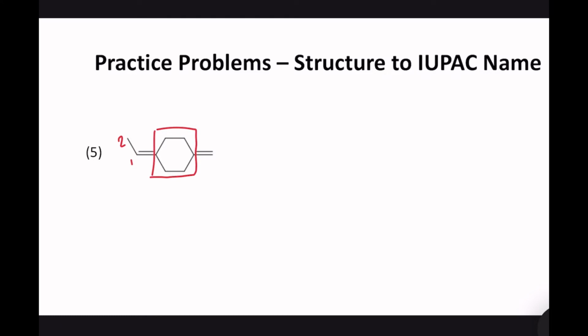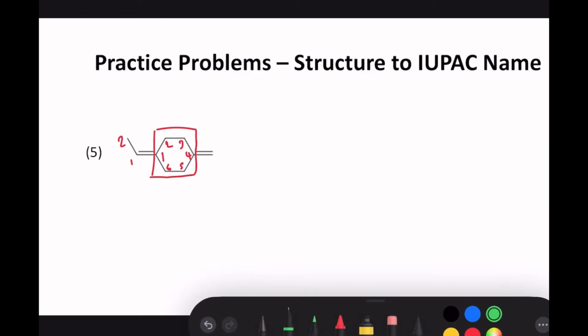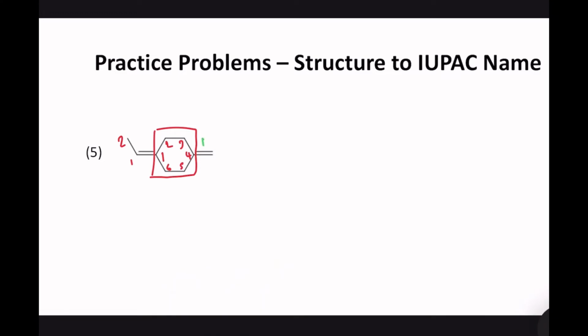If you start the main chain numbering here 1, 2, 3, 4, 5, 6, then ethylidene comes at 1 position, methylidene comes at 4 position. Even if you start numbering the other way around, it will still be 1 and 4.